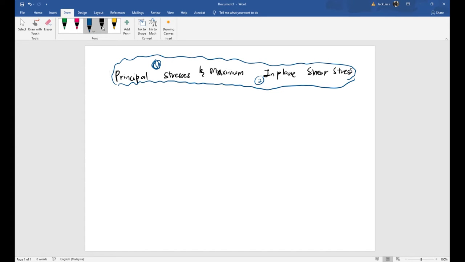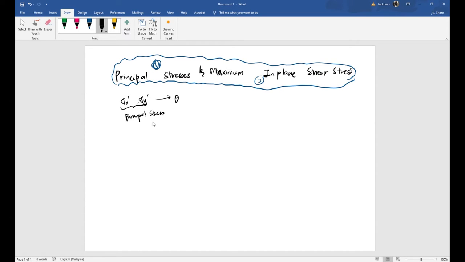So recall our equation. The new value for sigma x prime or sigma y prime will change accordingly due to the rotation of theta. So for different values of theta, we are going to have different values of sigma x and sigma y. Right now, our concern is to determine the principal stress.